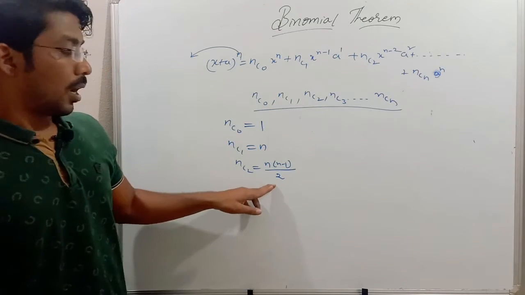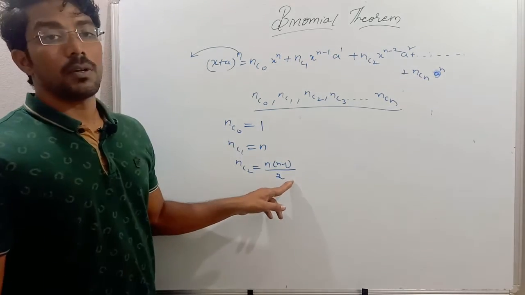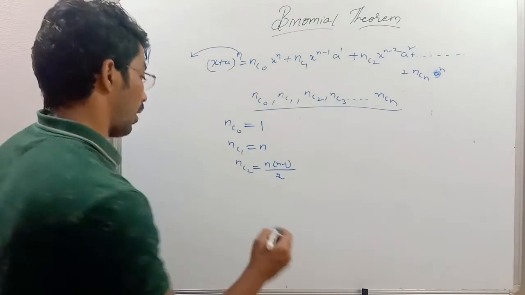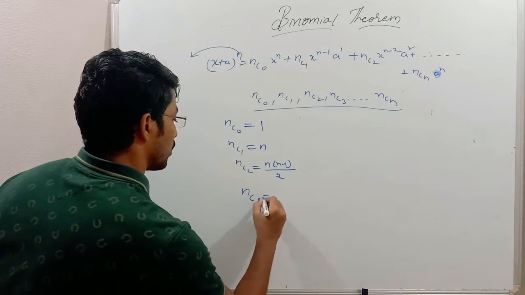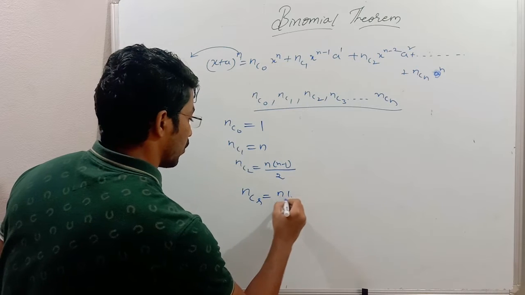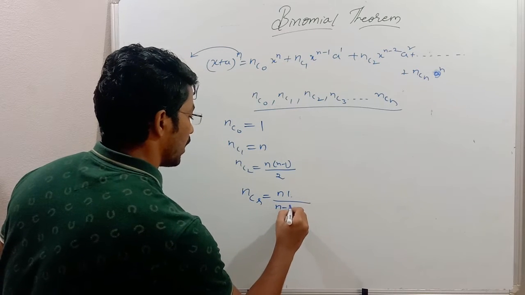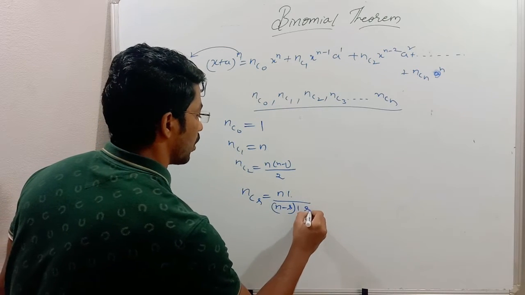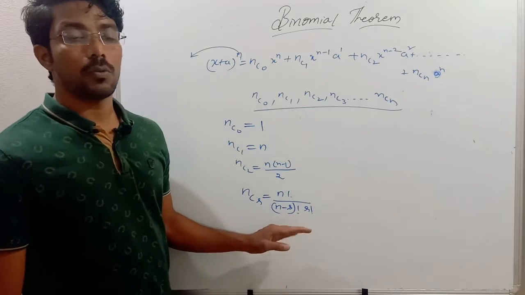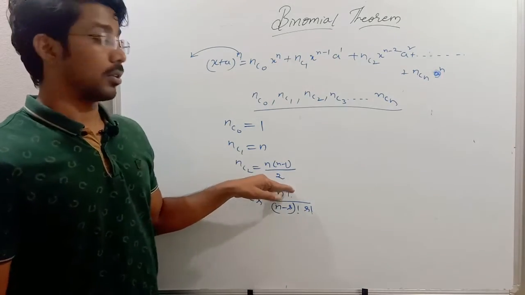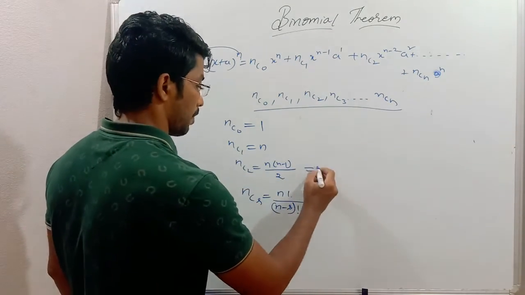So how did we get here n(n-1)/2? We know a formula, nCr is equal to n factorial by (n minus r) factorial times r factorial. So by using this formula we got this.